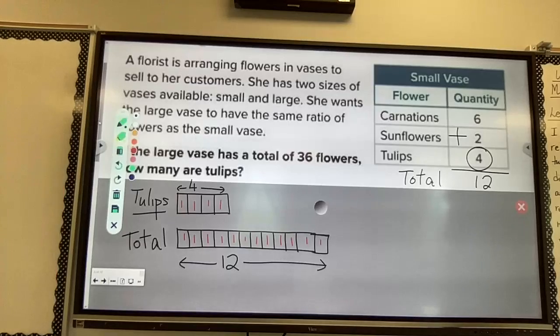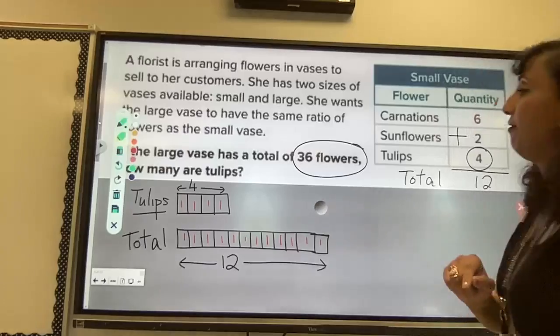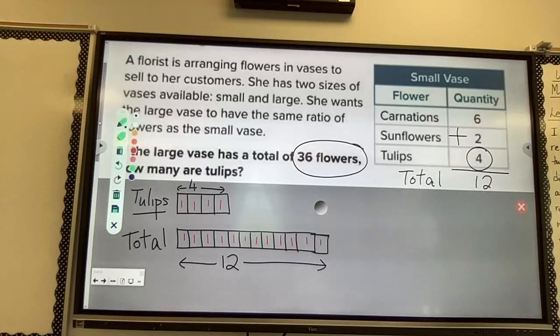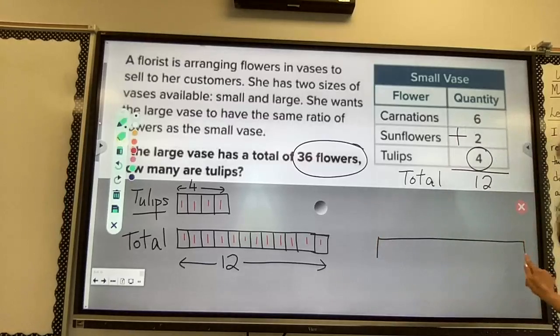Now, using the same ratio to find the number of tulips in the large vase, I know that the large vase has 36 flowers, so I'm going to keep the same ratio of 4 to 12. Each section must represent how much? If I have 36 divided by 12, what am I getting? I'm getting 3, right?